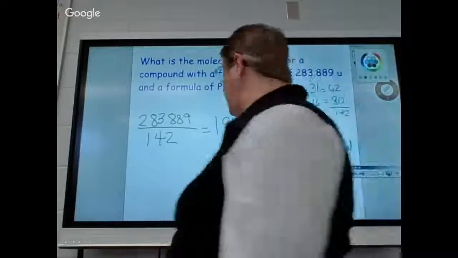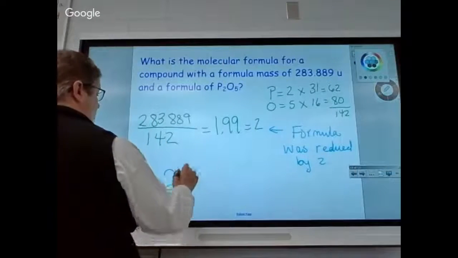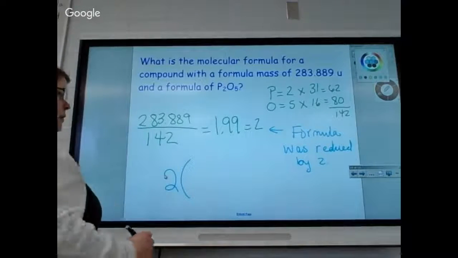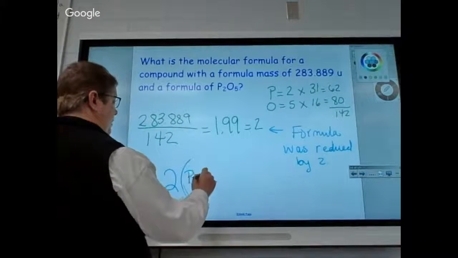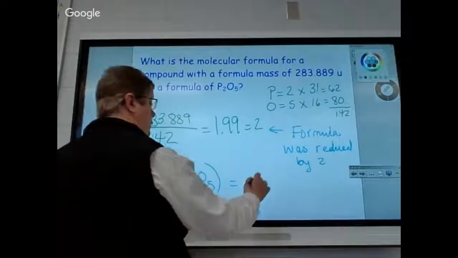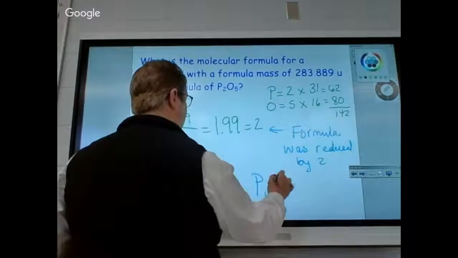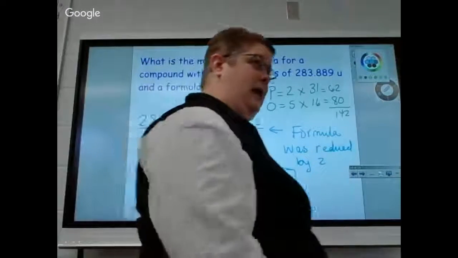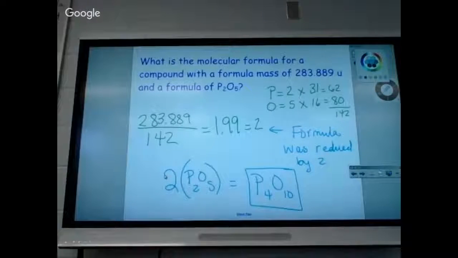So we're taking the 2 and we're multiplying it by the formula. So what's the formula? P2O5. And what do I get? P4O10 is my answer. That is my molecular formula.